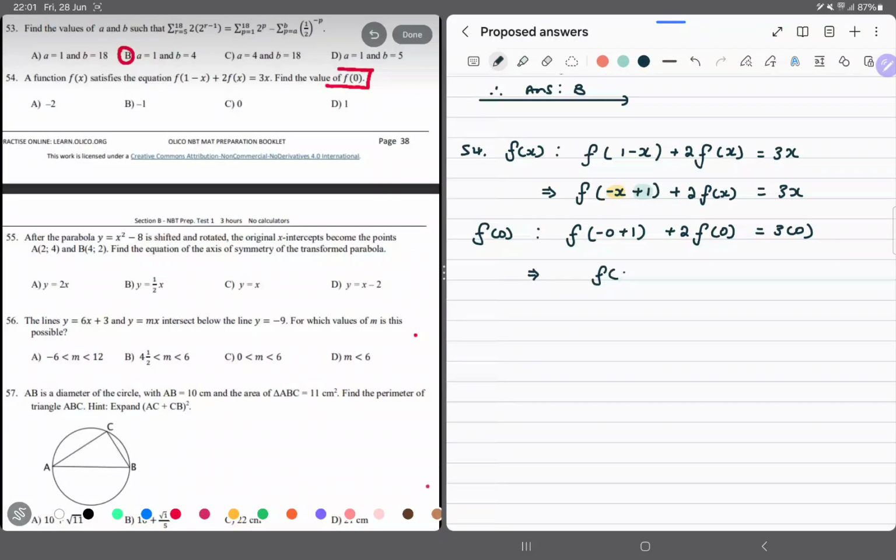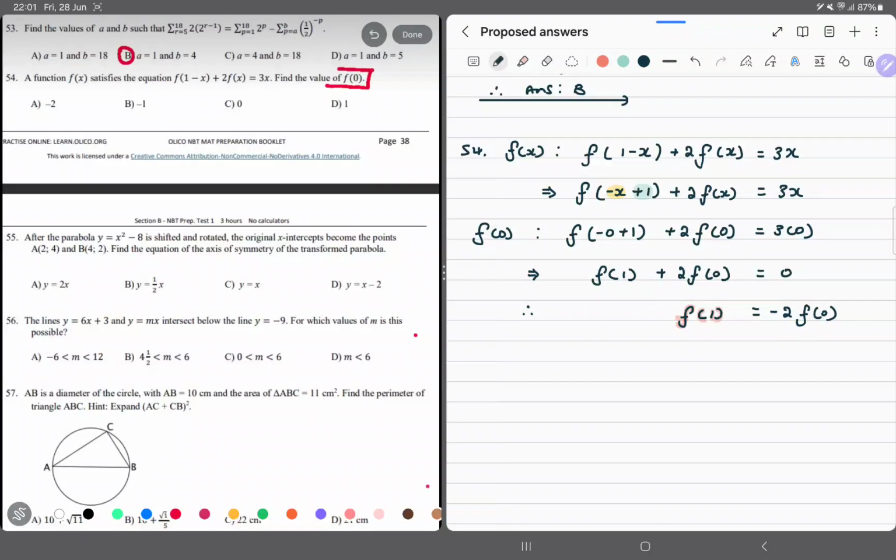This simplifies to f of 1 plus 2 times the f of 0 is equal to 0. And this simplifies to f of 1 is equal to minus 2 times the f of 0. Now this has introduced for us something, f of 1.